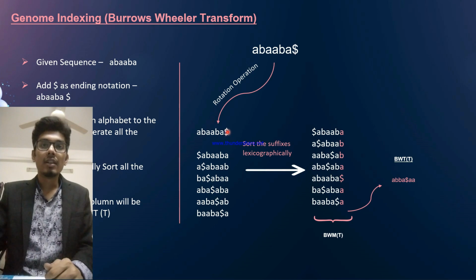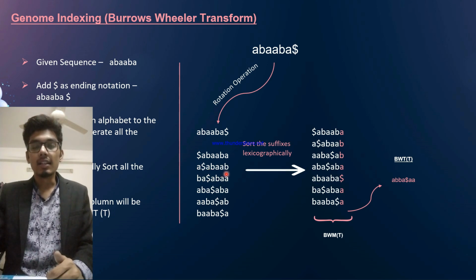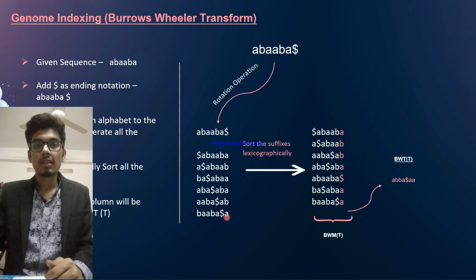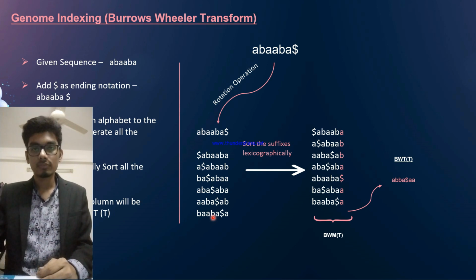As an example, if we move this dollar and put it at the beginning, we will get dollar A B A, and then we'll move A and put it at the beginning, and we will get A dollar A B. It will continue until one letter is left, because if we move this A and put it at the beginning, we will get the same sequence that we took at first.